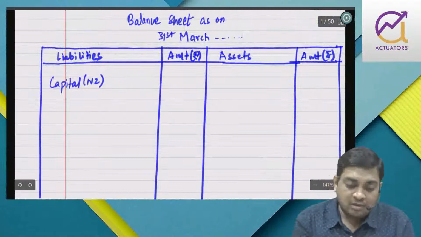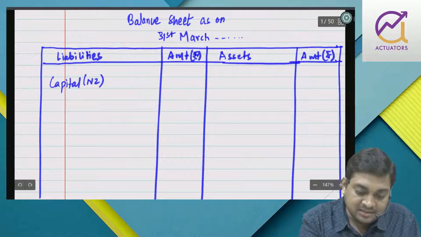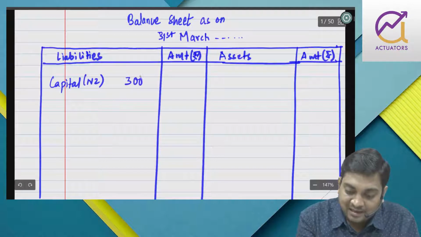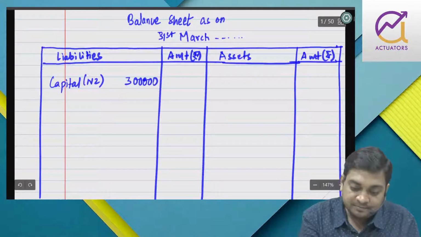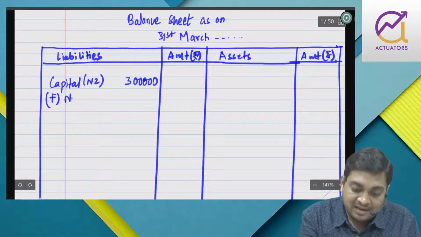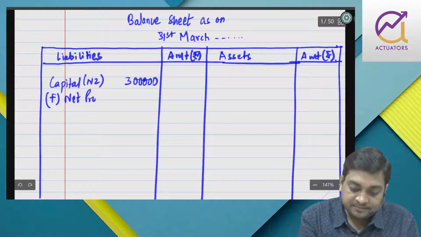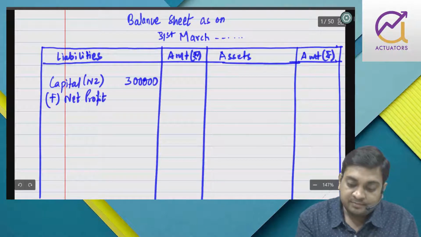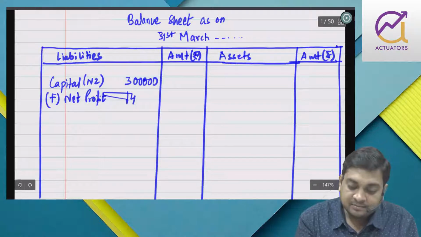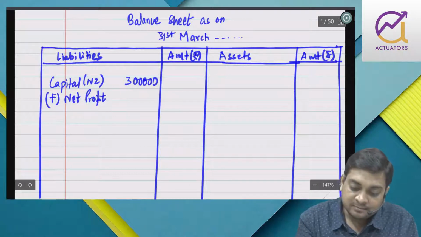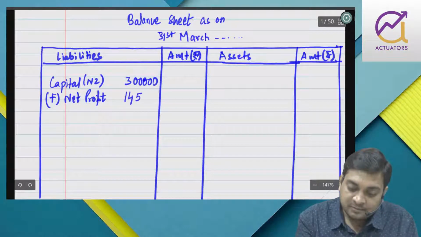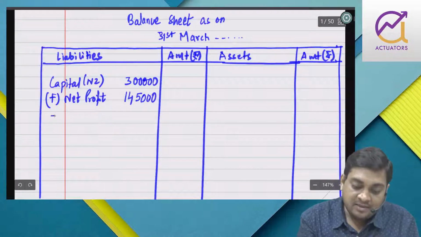Now, our opening capital is 3 lakh. Now you will add net profit, that is 1 lakh 45, and then minus drawings.